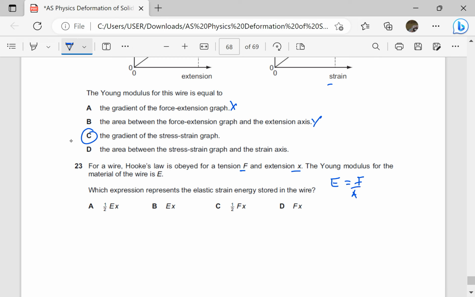Energy is simply a half kx squared or a half Fx. So for elastic potential energy I don't need the Young modulus. Elastic potential energy is a half Fx, so the answer is automatically C.